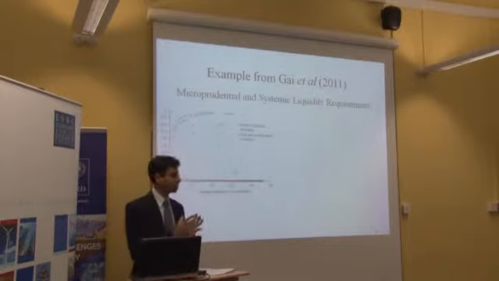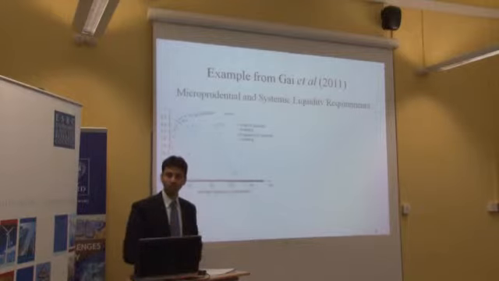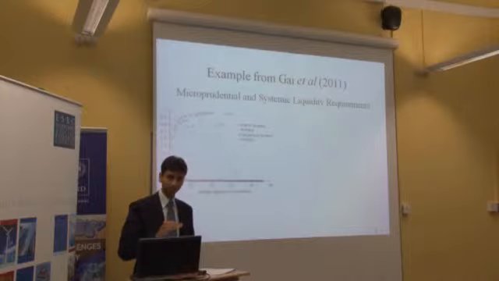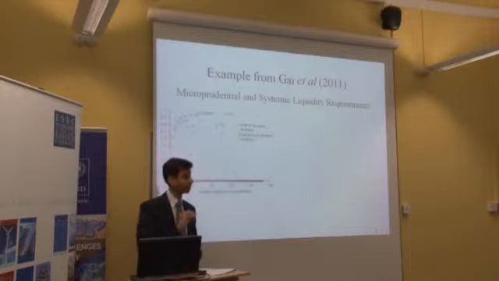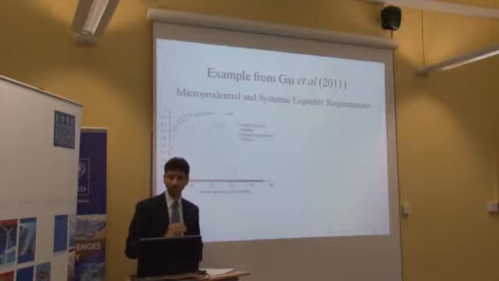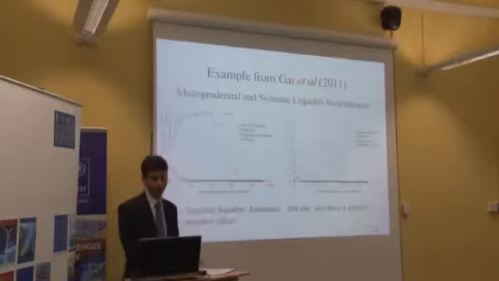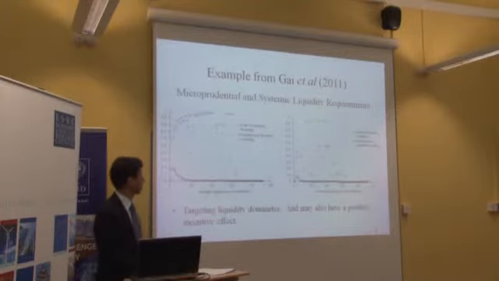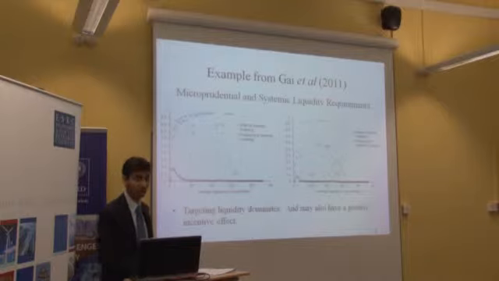But now suppose that instead of just saying all banks hold more liquidity, I give exactly the same amount of extra liquidity to the system, but I target it at those banks that are most important in the interbank market. So it's distributed according to the most interconnected banks. And that's the right-hand chart. You reduce the frequency, and even when it occurs, it's nowhere near as bad a lot of the time.